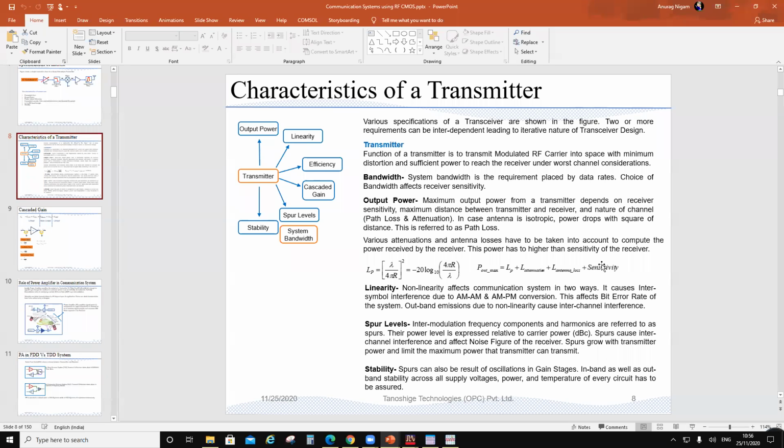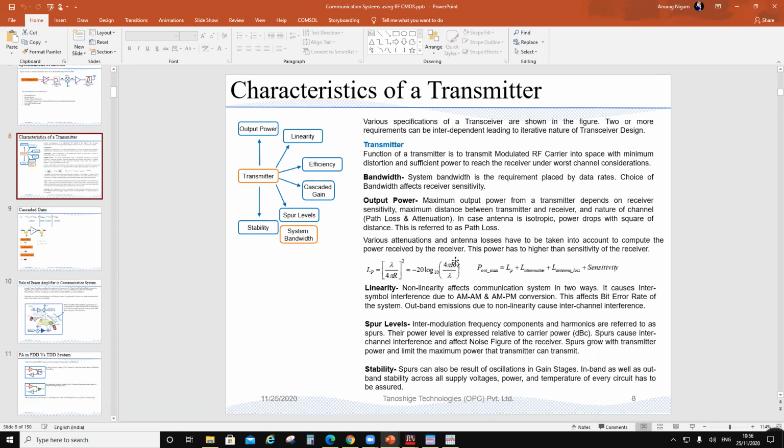That starts with the sensitivity of the receiver. Then look at your antenna. What kind of antenna gains are there? What band you are in will decide how much attenuation you're going to see. And then the path loss, which is basically your wavelength and the distance you are looking at.